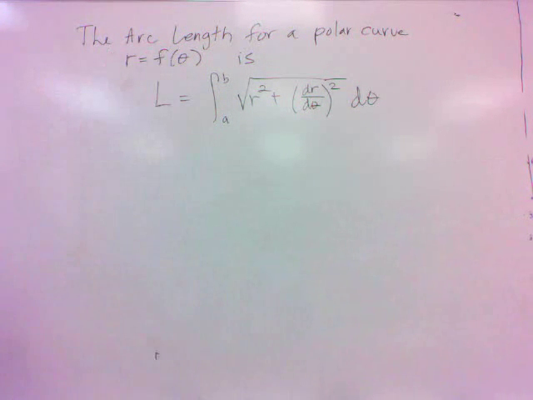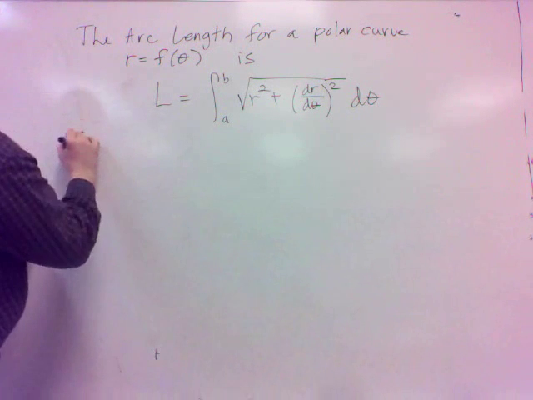Call it dr d theta or f prime of theta, whatever you want to call it. Square that and then square root both of those when you add them together. And then your d theta. That's all you have to do.